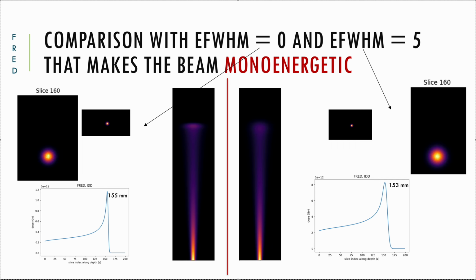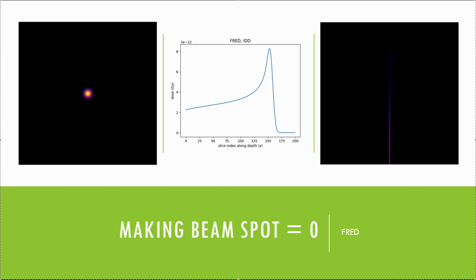But non-monoenergetic particles have a range. They don't have the same energy, so they deposit energy not narrowly. So you see this divergence, more blurred than the monoenergetic one. This is one of the experiments I tried today.